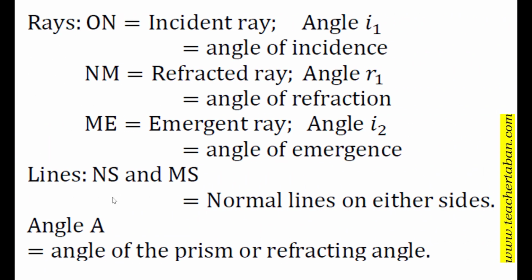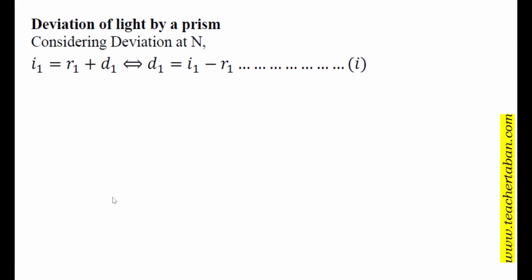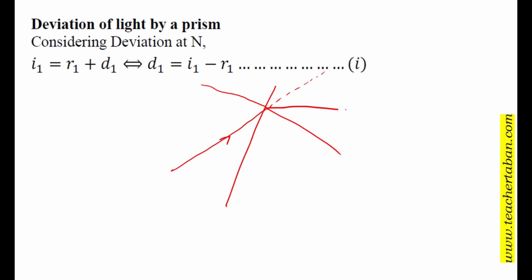So from what you've just seen up there, ON, NM, ME are all rays of light. From what you've seen above as well, remember that we had this diagram like this. We had the incident ray, we had the normal, and this one was supposed to continue like this if there was no change of media.